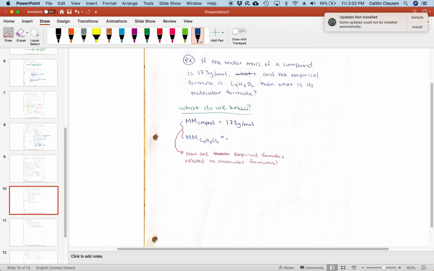The other thing we know is the molar mass of our empirical formula.